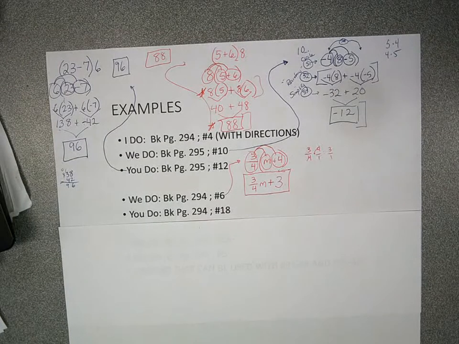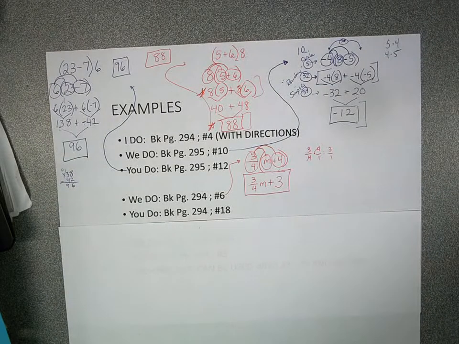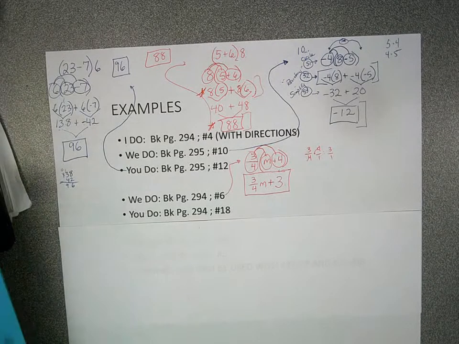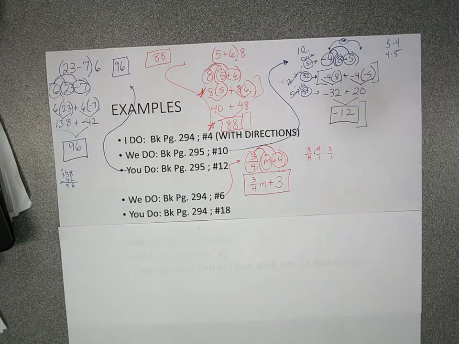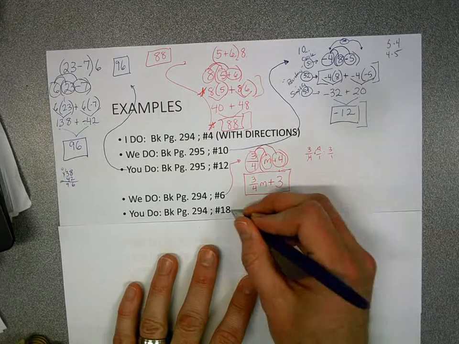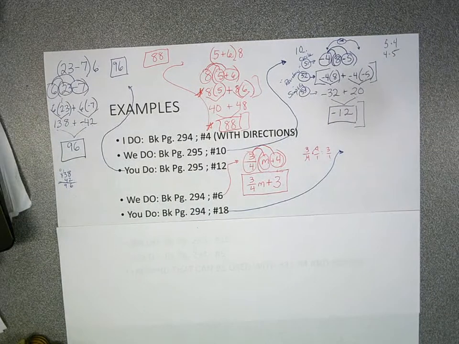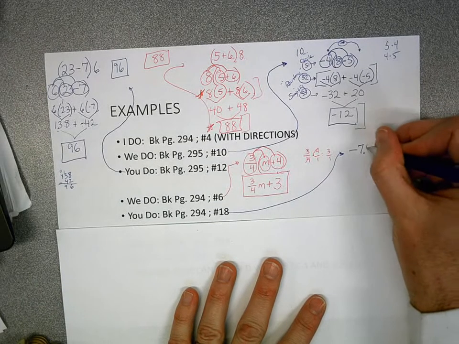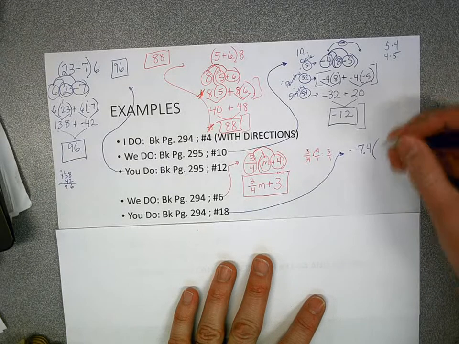I got negative 74 plus negative 7.48. All right. Problem 18 was negative 7 4/10 times the sum of 10 and a, 10 plus a.